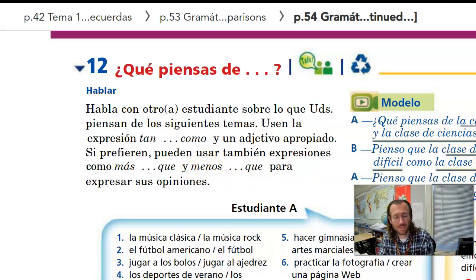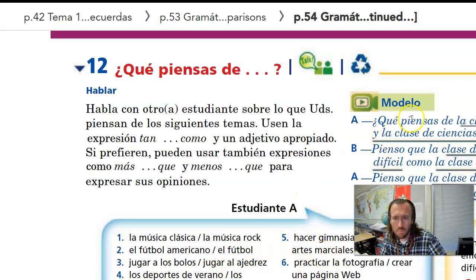Difícil would be difficult, fácil is easy, interesante, as you know, is interesting, and aburrido is the opposite, boring. So compare these in terms of how they're the same or different from one another.